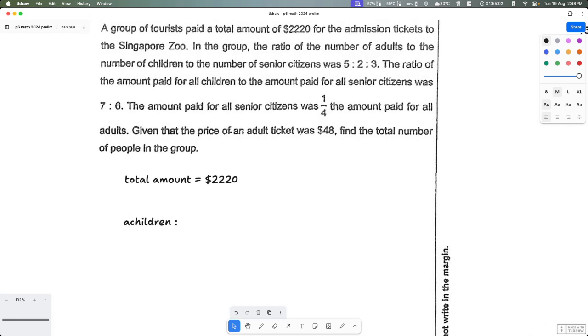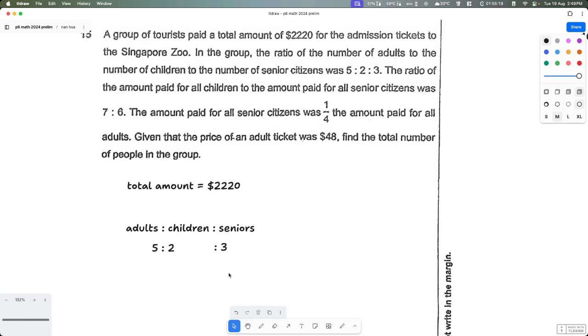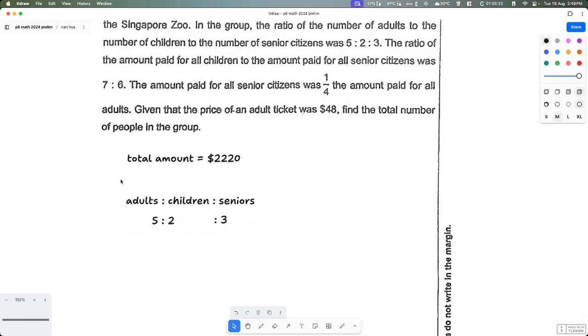So the ratio of adults to children to seniors will be 5 is to 2 is to 3. So these are adults, children, and seniors. So this is the number of people.